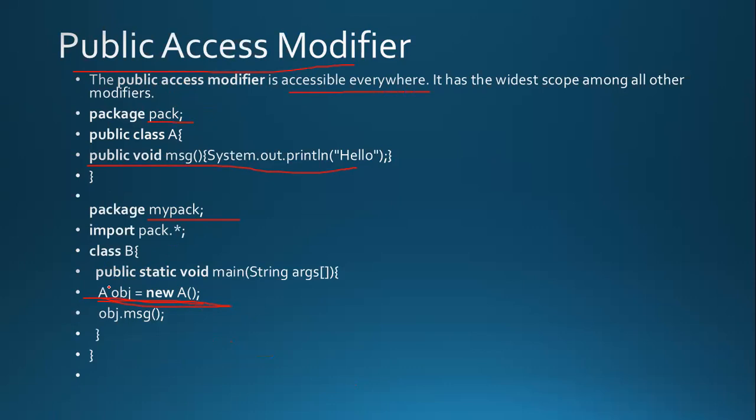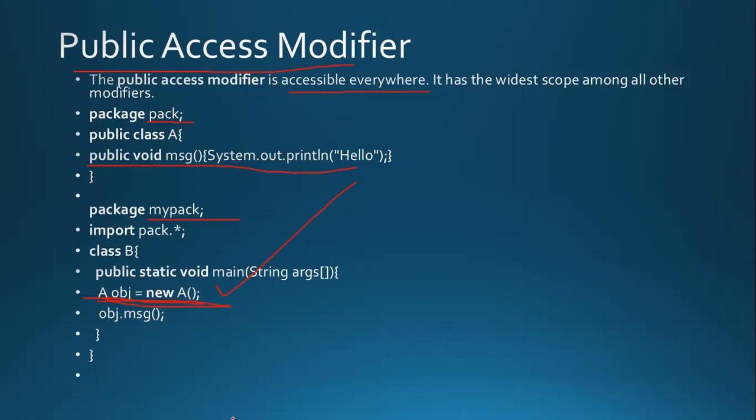So public can be accessed across the program through any package from any corner. You can make use of a public method, public class, public constructor or a public variable. So this stands valid because you're trying to access a public method outside the package and it permits the access. So no compile time errors and it does go for a smooth execution.